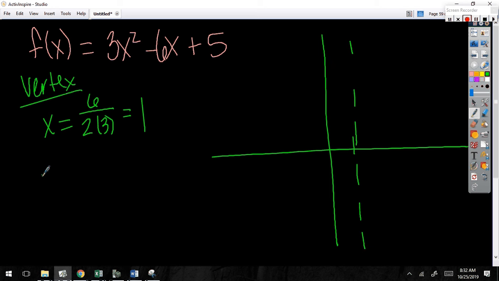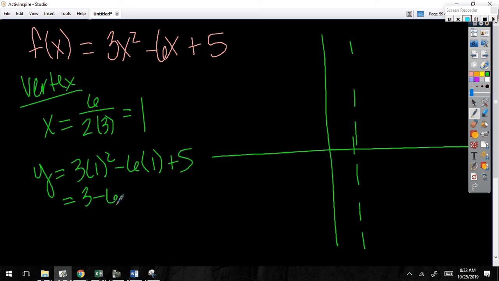Fill in, that's right, plug in. So 3 times 1 squared minus 6 times 1 plus 5. 3 minus 6 plus 5, which is what? 2? Negative 3 plus 5 would be 2. It wasn't right.